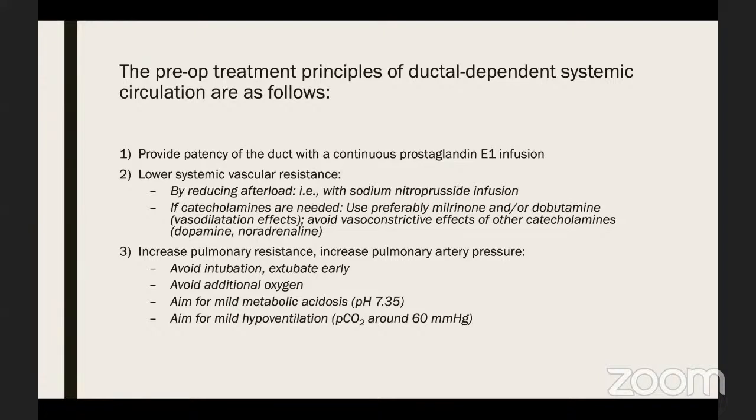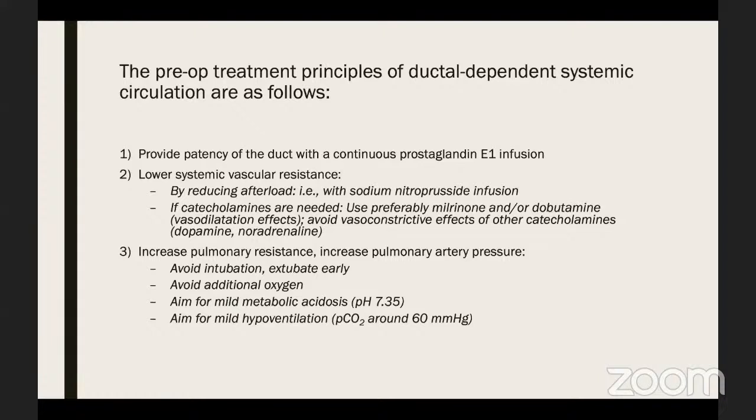We have to stabilize the patient before going to the surgery to improve the outcomes. One of the most important things in the principle is to maintain the patency of the ductus arteriosus. And usually this is done with continuous prostaglandin infusion.